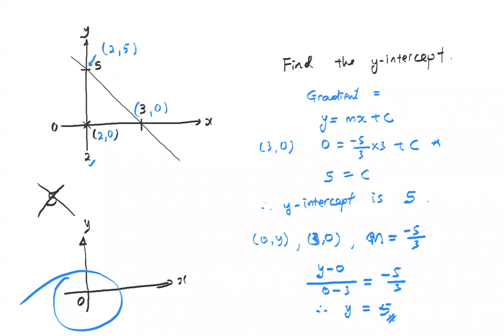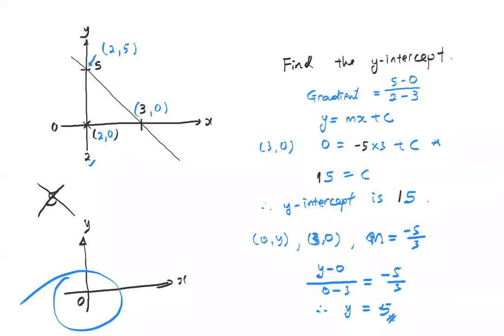So it should be (5 minus 0) divided by (2 minus 3). So it's -5. Yes, you are right, young man. So it's -5, so it's 15, okay? So the y-intercept is 15.